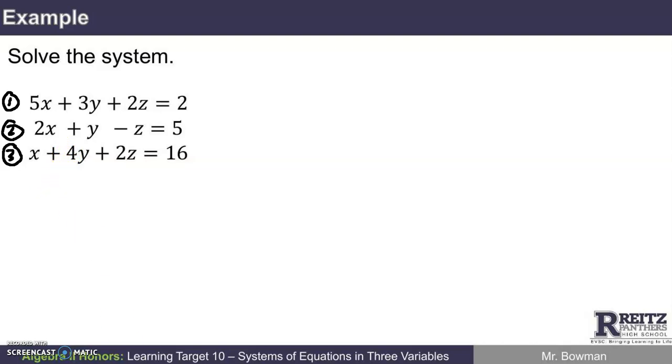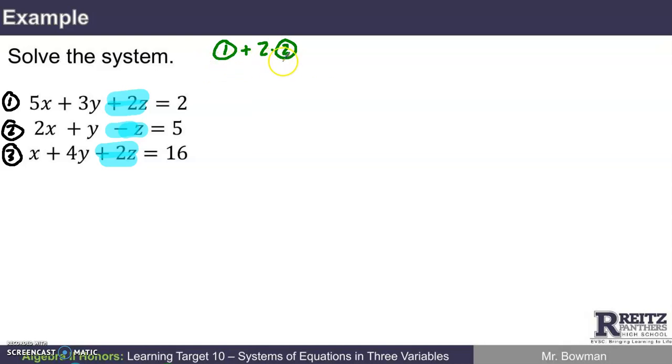And so what I'm looking for, I'm thinking about that elimination process still. I see that I've got a negative z here, and each other equation has a positive 2z. So I'm going to try to eliminate the z 2 different ways. To get my first equation, I need to take equation 1, this thing, and add to it 2 times equation 2.